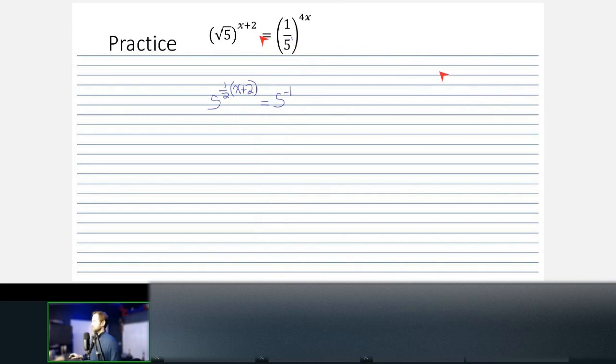Really, we move this to the numerator to become 5 to the negative 1 power, and that 1 is still there, and there's a 1 in front, so it's 1 times this, and 1 times anything is that thing, which is why we don't include that 1. And don't forget, we already have an exponent, which is 4 to the x, so you have to multiply negative 1 times 4 to the x power. All right, the problem got super easy, right?